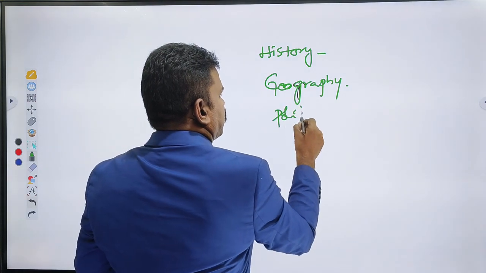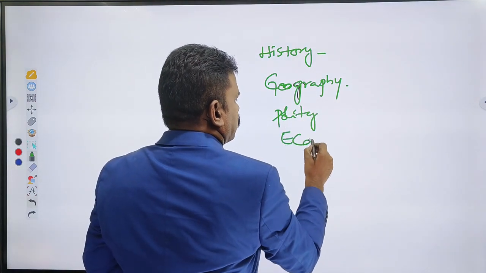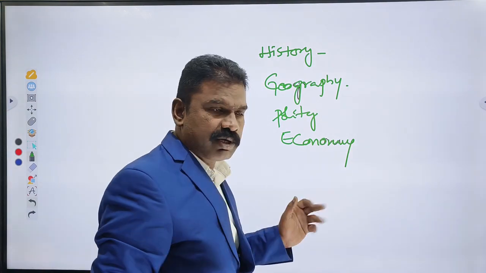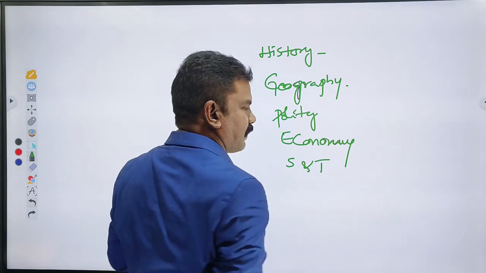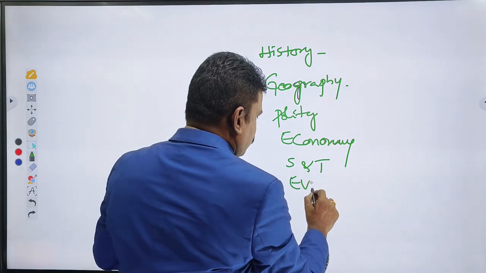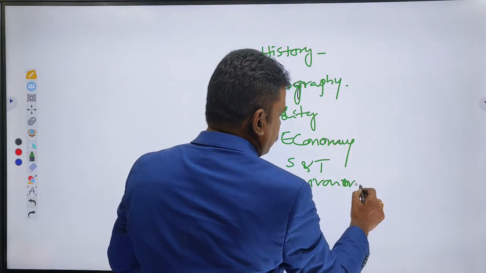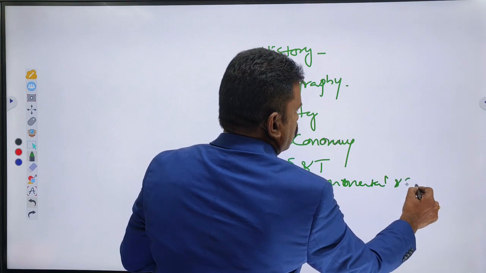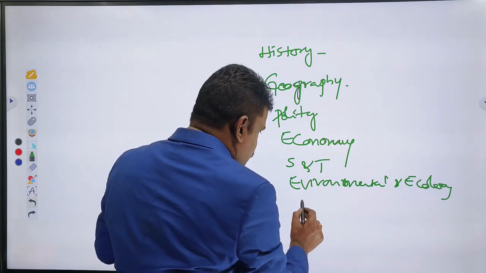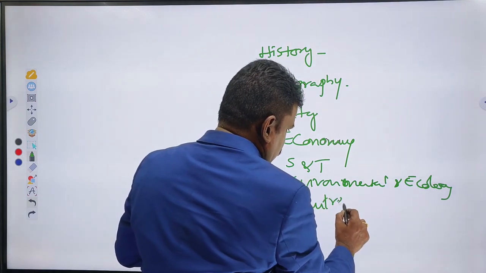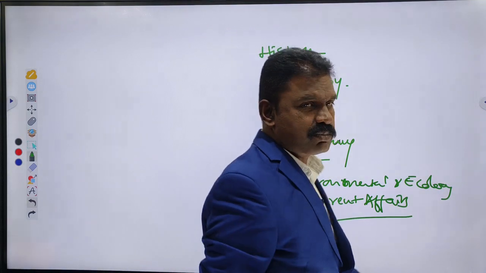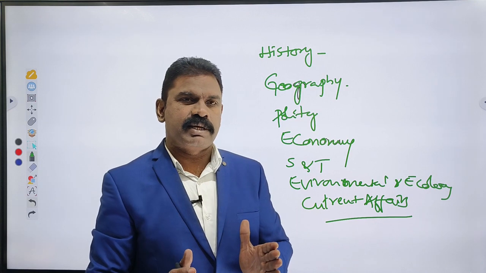Polity, the Indian political system. Economy, the Indian economic system, banking and all those things. Science and technology, general science. Along with it, environmental science and ecology. And current affairs. These are the topics of the civil services prelims General Studies paper one examination.